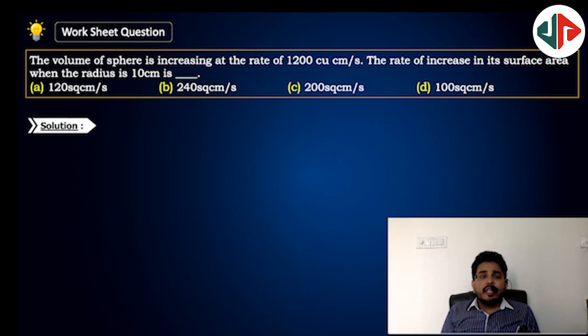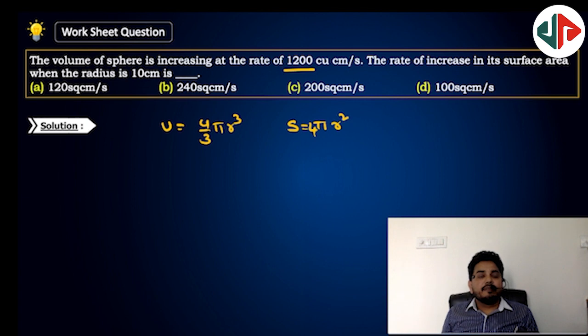The volume of this sphere is increasing. So what is the volume of this sphere? 4 by 3 pi r cube. The rate of increase in its surface area. So what is the surface area? Pi r square. Sorry, 4 pi r square.